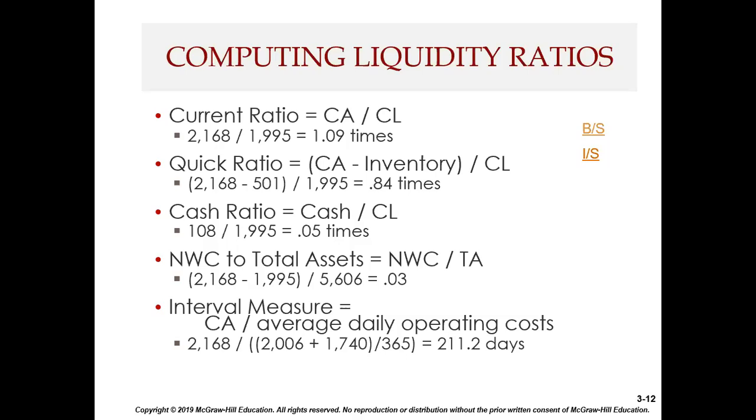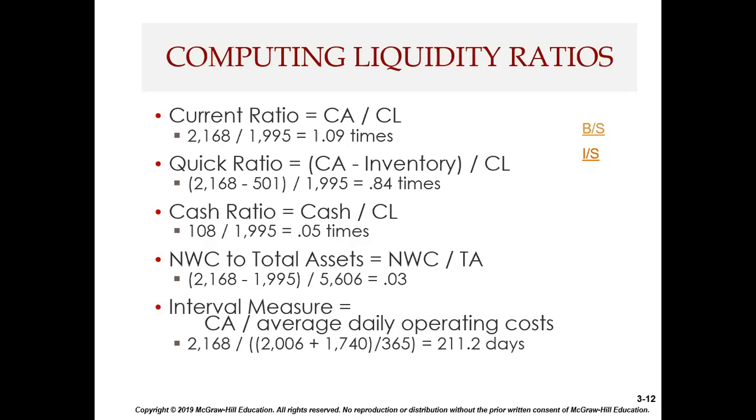So it's saying, here's how much money you have left over in current assets after paying off your current liabilities. What percentage of that is that of all of your assets? You might not be very liquid. You may want to reconsider how much assets you have in this category.